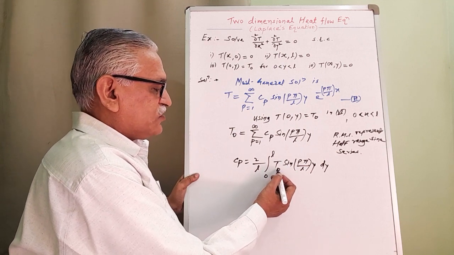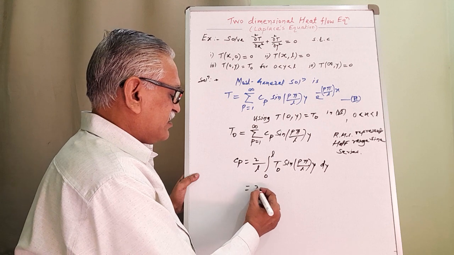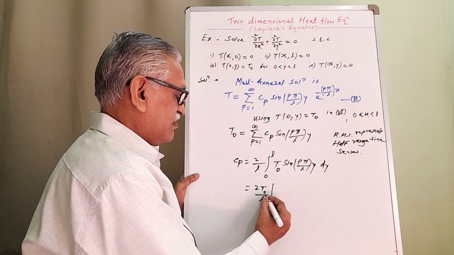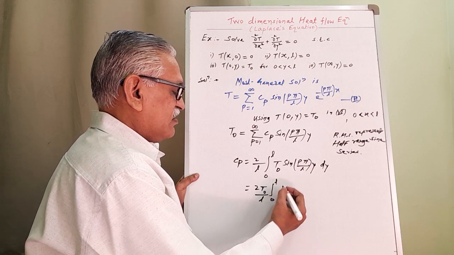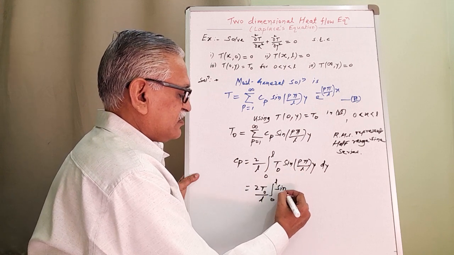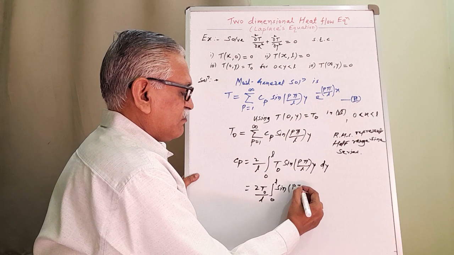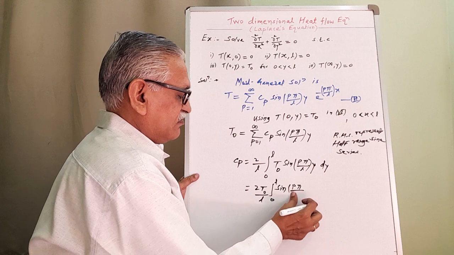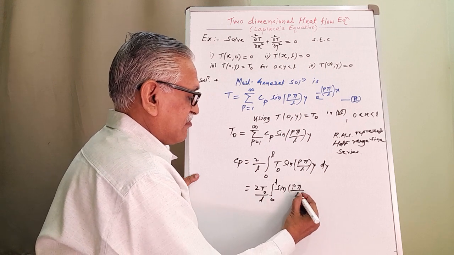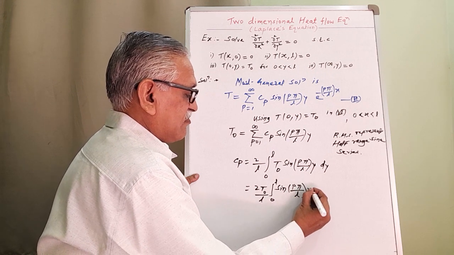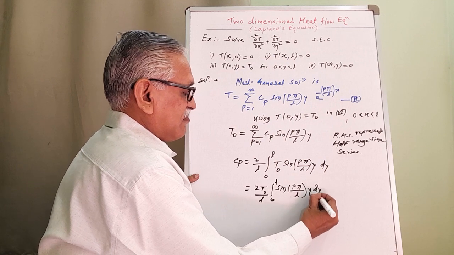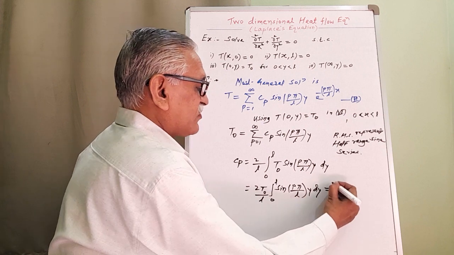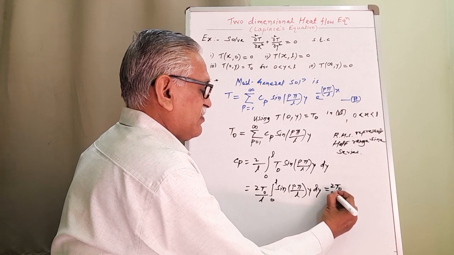Here the term T0 is a constant term, we take it outside the integration sign. Therefore 2T0 divided by L, integration from 0 to L. Remaining term is here sine of p pi by L y, it is equal to 2T0 divided by L as it is.